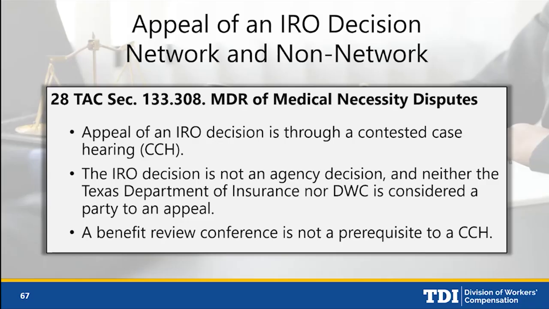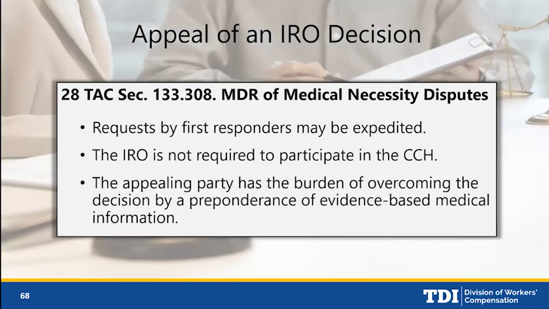You go straight to contested case hearing with our hearings department. That IRO decision is not an agency decision, so they're a completely separate entity. So DWC, we are not considered a party to this appeal, and it's going to be handled through our agency's hearing process. And those hearings can be expedited for certain types of injured employees, like first responders.